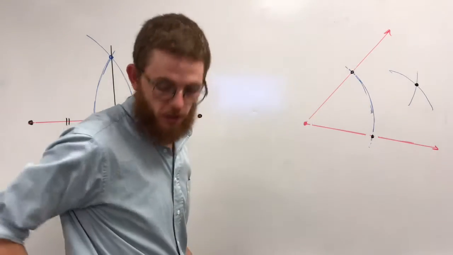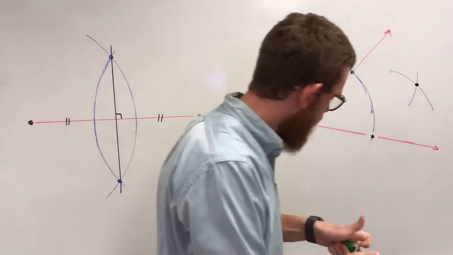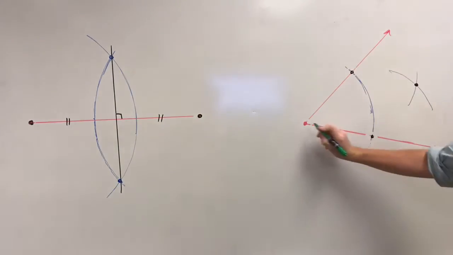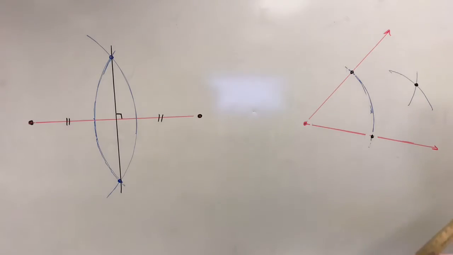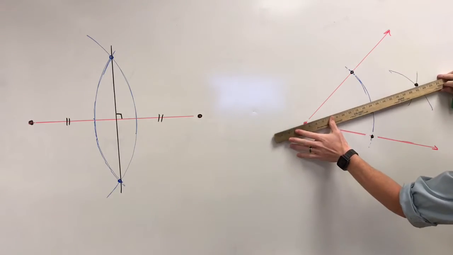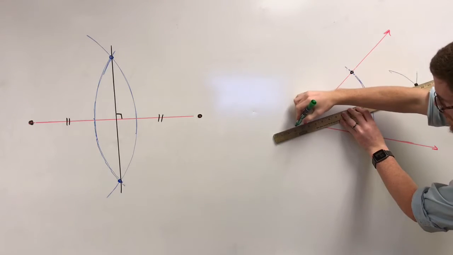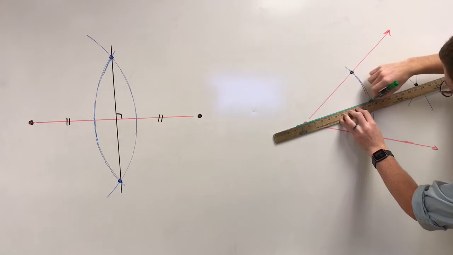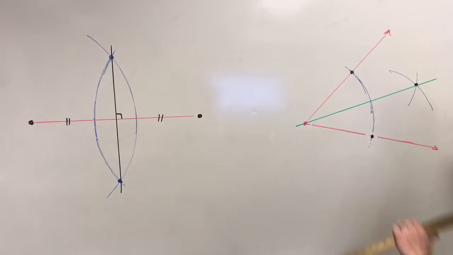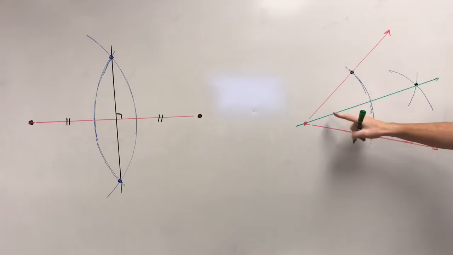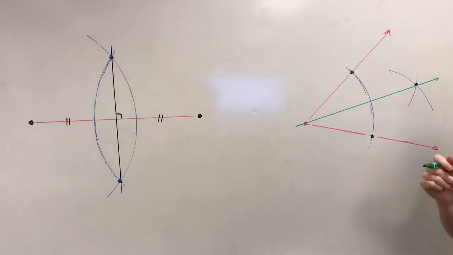Very similar to what we did earlier, we're going to connect the vertex of our original angle with this point that we have found. And this right here is our angle bisector.